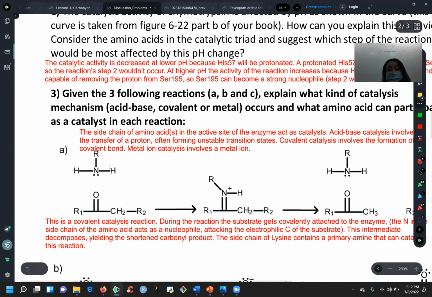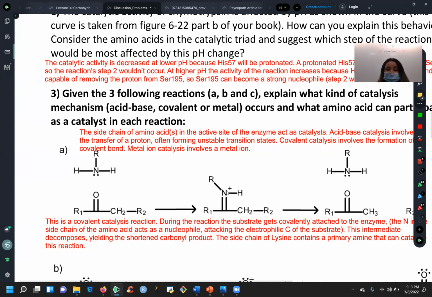Okay. So you have a nitrogen, you have an R group, 2 hydrogens, and then over here you have your R group 1, you have a carbonyl, CH2, and then you have R2. This is what you're starting with. And then the reaction happens, and all of a sudden you have R1, and your oxygen is gone. Now you have nitrogen, bam, took its place.